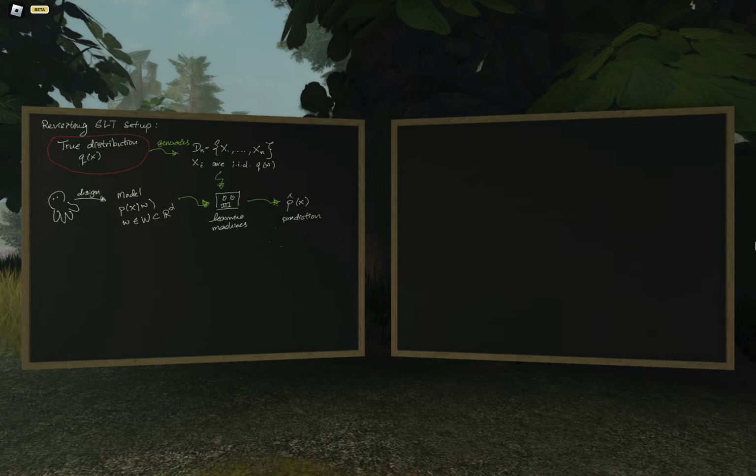That's kind of the general area of study of statistical learning. And in singular learning theory, at least in its current form, we are mostly concerned with the Bayesian learning machine. So I just need to specify what is this p hat thing.